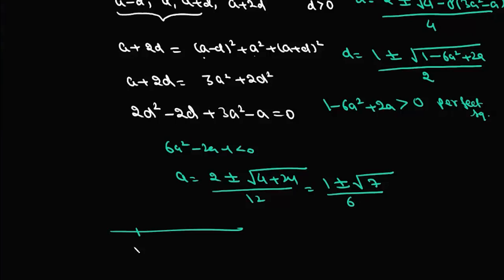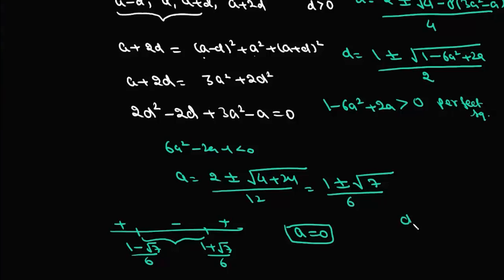So here we have two values of a, (1 minus root 7) by 6 and (1 plus under root 7) by 6. This is plus, minus and plus. So from here, the only integral value of a possible in this region is a equals 0. And if we put a equals 0, we'll get the value of d as 1.